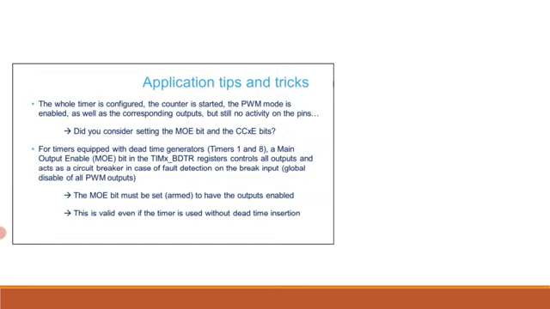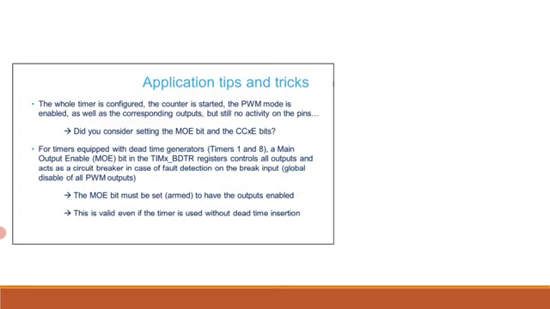For timers equipped with the dead time generators, that we mentioned earlier, right? Timers 1, 8, 15, 16 and 17. A main output enable MOE bit in the TIMx_BDTR register controls all outputs and acts as a circuit breaker in case of fault detection on the break input.